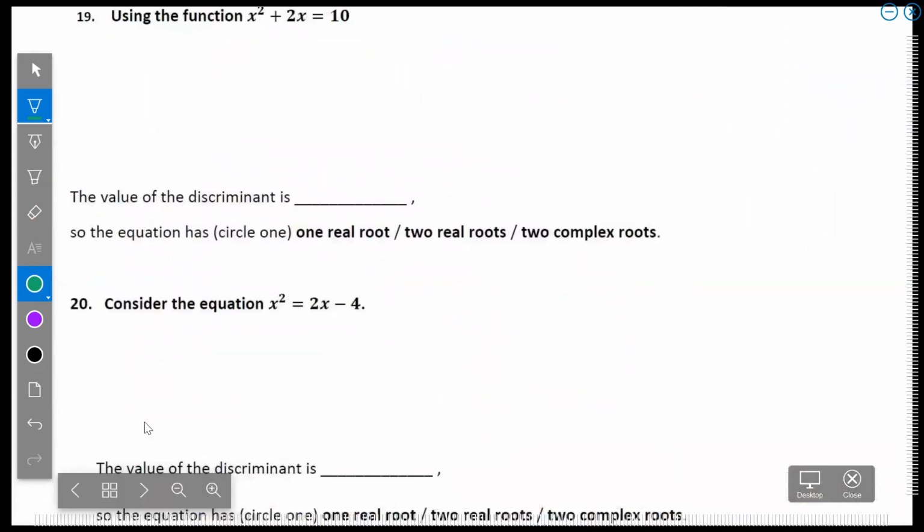We're supposed to determine the value of the discriminant. So let's go ahead and do 19, 20, and 21 because they're all the exact same kind of problem. They're all discriminant problems. Something you might want to make sure to have down on your cheat sheet is this information right here. The discriminant.